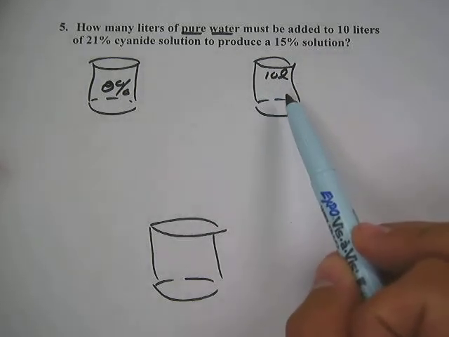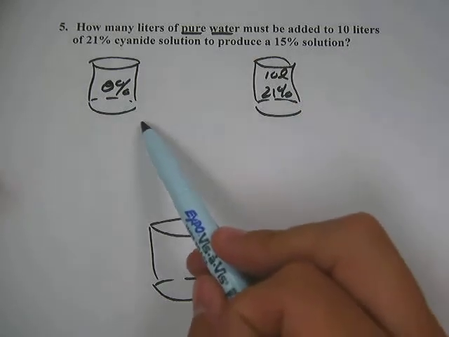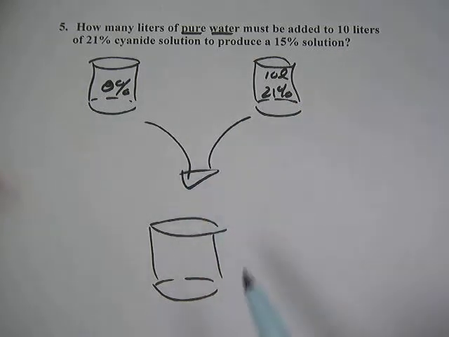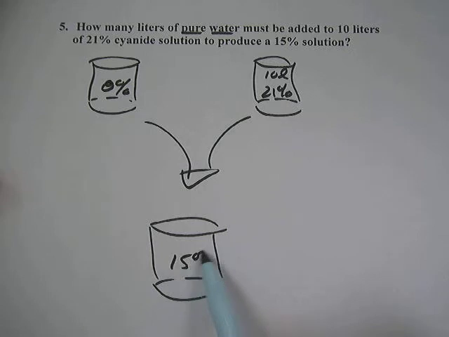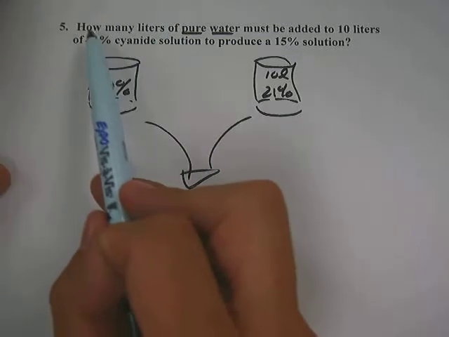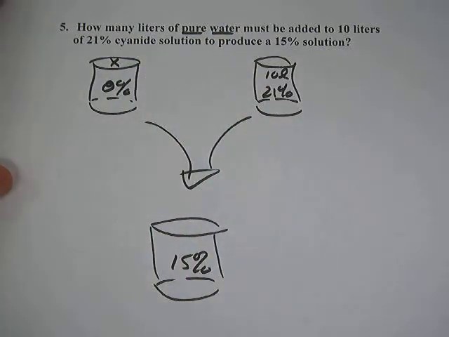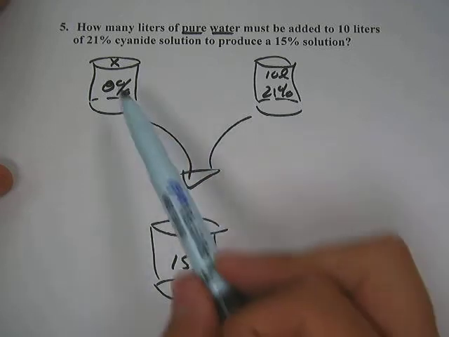That means this right here is a 0% solution. There's nothing but water. There's 0% of anything else. It must be added to 10 liters of a 21% solution, and these will be dumped down here to produce a 15% solution.